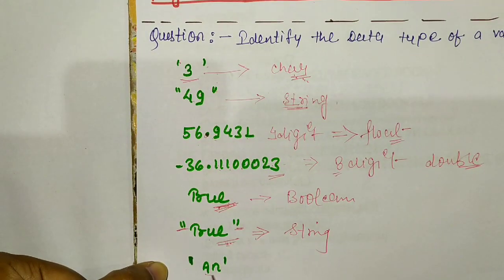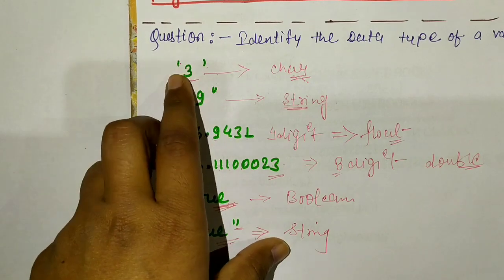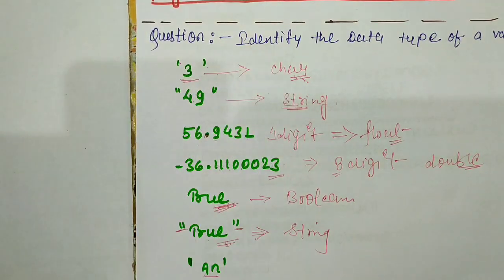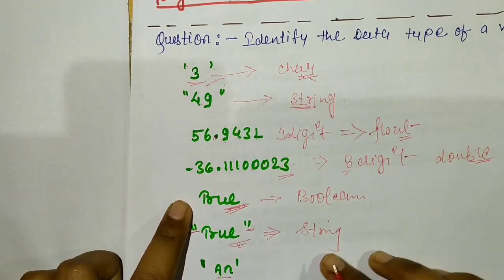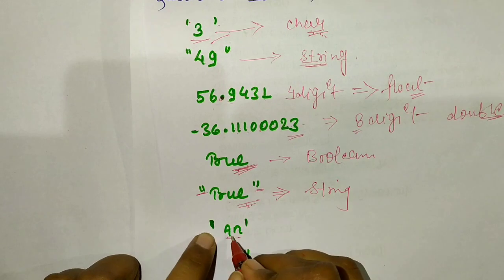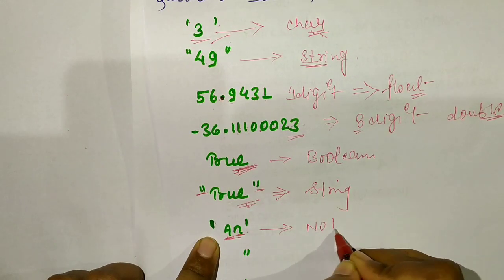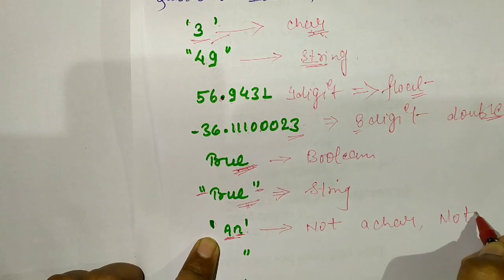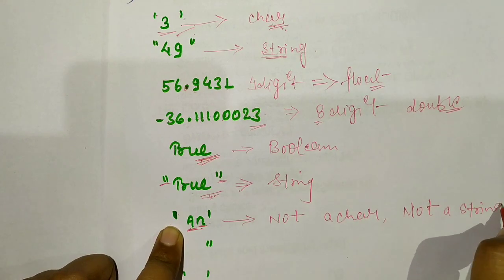Here A and N, but in a single quote. Anything in single quote is a character, but only with a single digit, single alphabet or single symbol. Here there are two alphabets in single quote, so it is not a character, not a string, nothing.